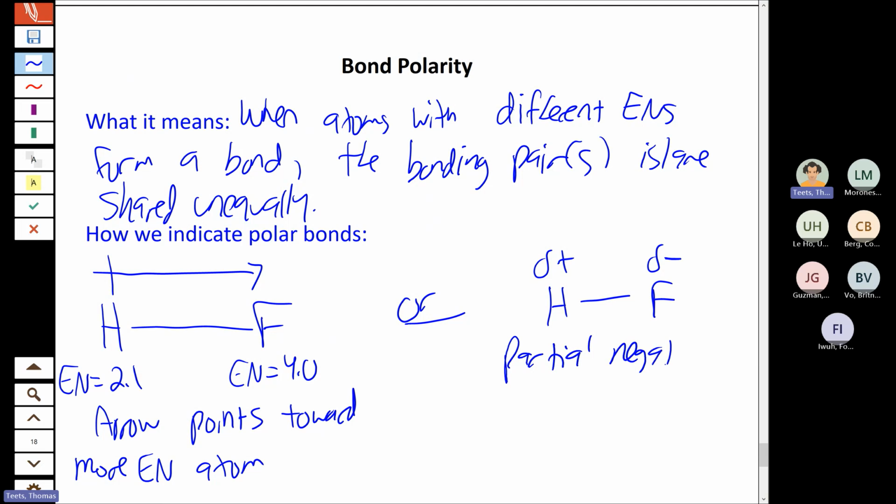Delta means partial in this case. The lowercase delta here means you have a partial negative charge on the more electronegative atom. All right. So that would indicate again that fluorine is hogging electron density, so it's not a full negative charge. It's not completely stealing the electrons from hydrogen. They're still shared, but it's pulling them towards itself.